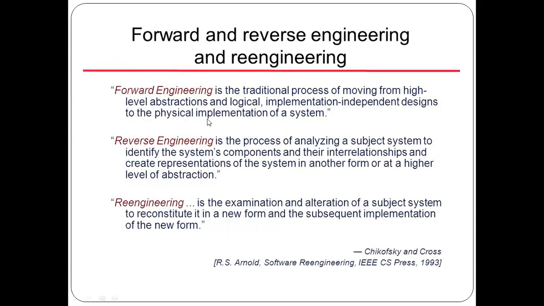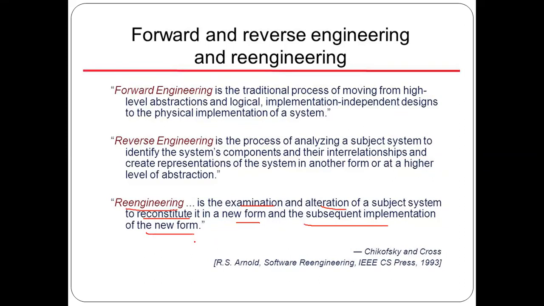Now let's see the difference between the three. We have seen forward engineering, reverse engineering, and re-engineering. First of all, what is re-engineering? Re-engineering is the examination and alteration of a subject system to reconstitute it in a new form, and the subsequent implementation of the new form.